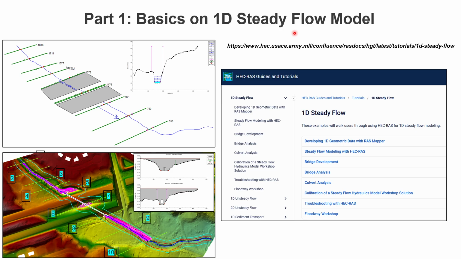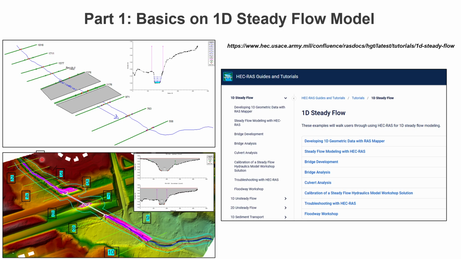This is very important, but in the focus of this video, we are not going to be looking at derivations or equations. We are going to practically look at how to model the 1D model in HEC-RAS.